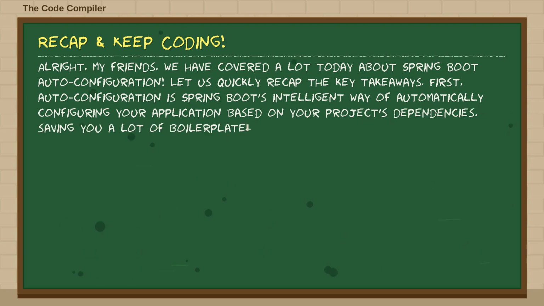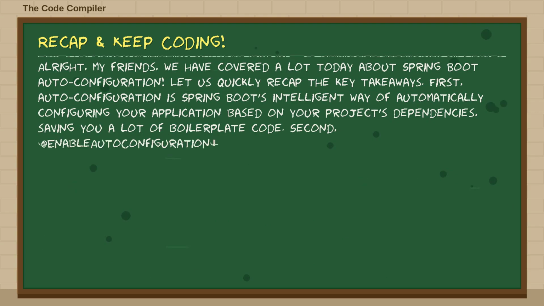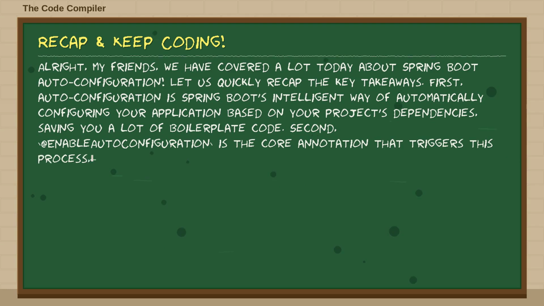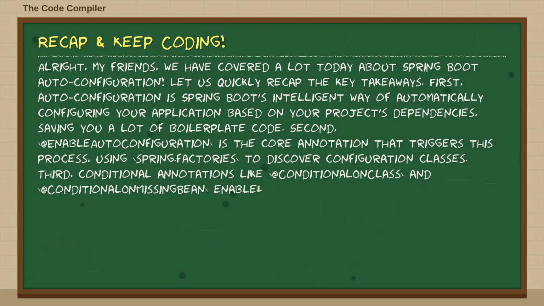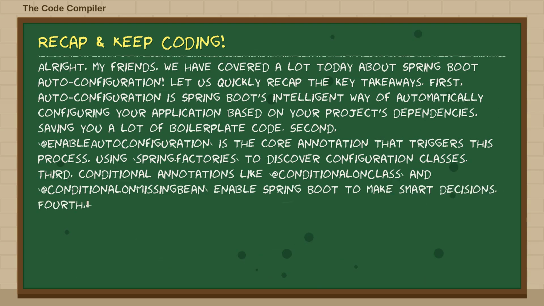Second, @EnableAutoConfiguration is the core annotation that triggers this process using spring.factories to discover configuration classes. Third, conditional annotations like @ConditionalOnClass and @ConditionalOnMissingBean enable Spring Boot to make smart decisions.